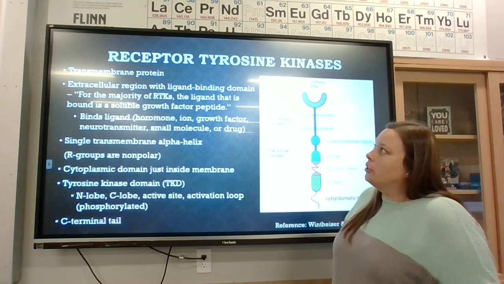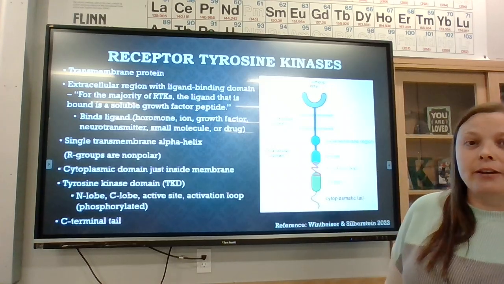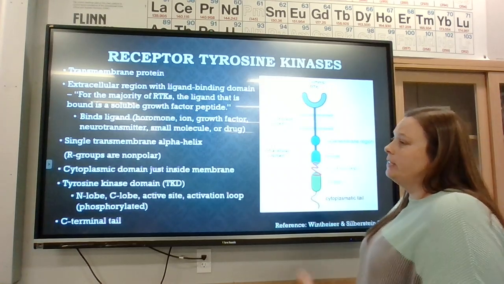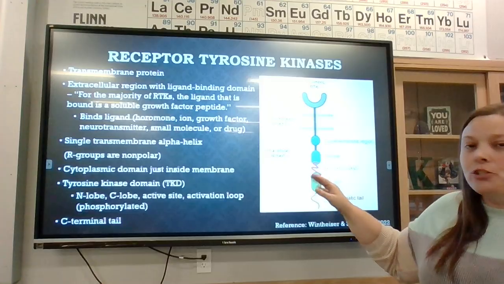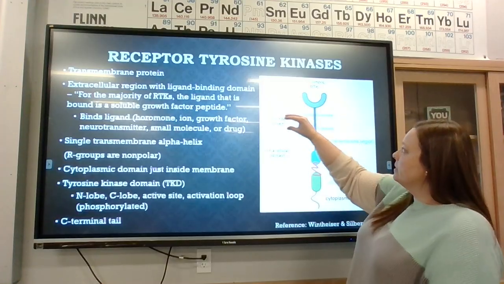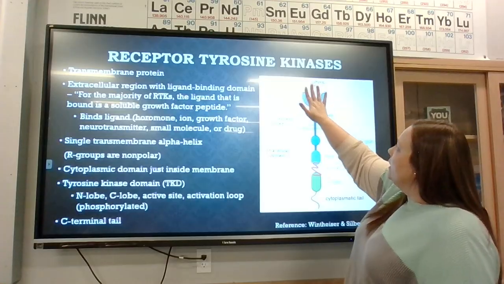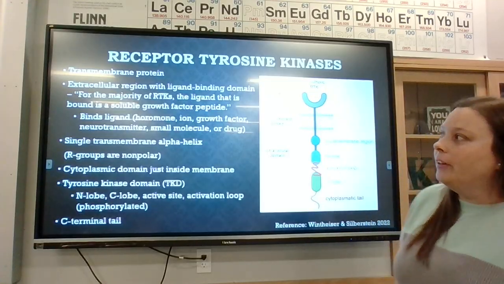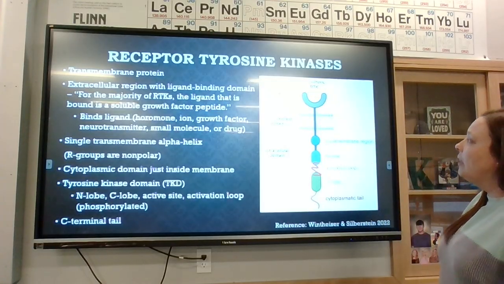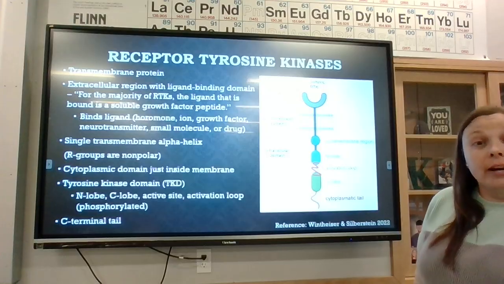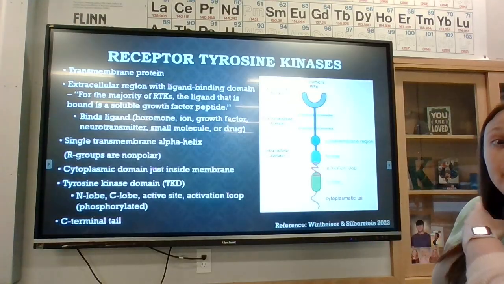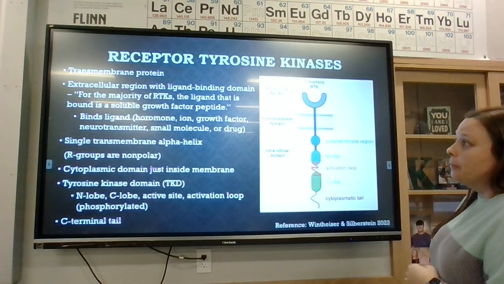So let's talk about in general what a receptor tyrosine kinase looks like and what it does. If you look at this picture here, you can see that there is the phospholipid bilayer, and above that there is the extracellular domain. In that extracellular domain is where a ligand is going to come from inside the body and bind that receptor.